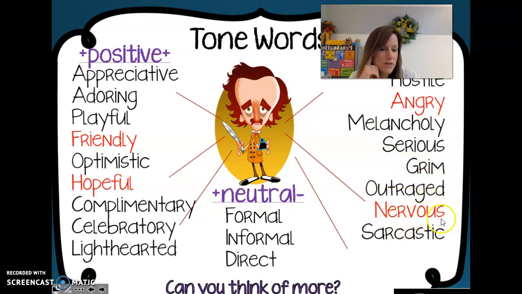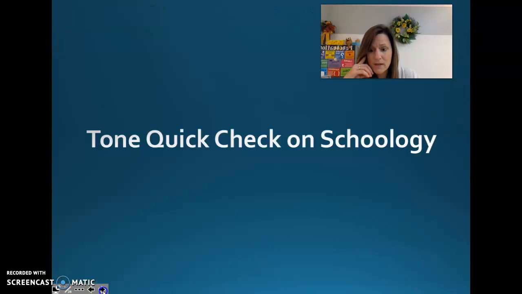Outraged, nervous, and sarcastic, okay? Writers can write with a sarcastic tone, and we're going to see some examples of that in the next couple of days. So make sure you're writing those red terms into your chart. And if you don't know the definitions of these words, look them up. And I'm sure you could think of even more.